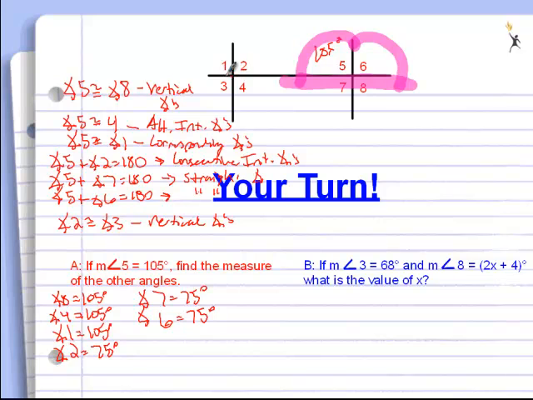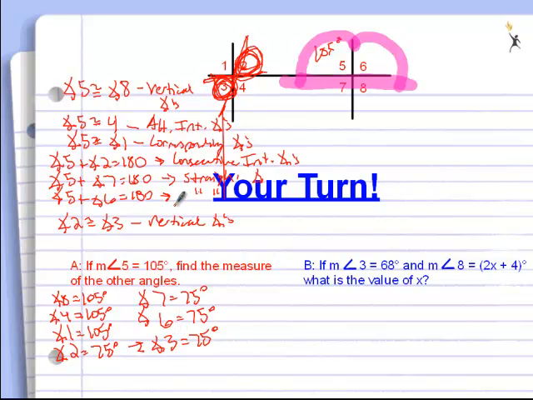The only angle I haven't solved yet is angle 3, but I did solve angle 2. And what do you notice about angle 2 and angle 3? They are vertical angles. Vertical angles are congruent, so if angle 2 is 75, angle 3 is 75.